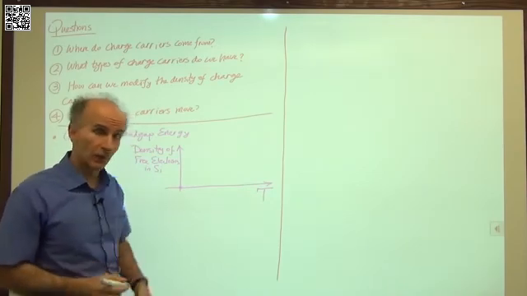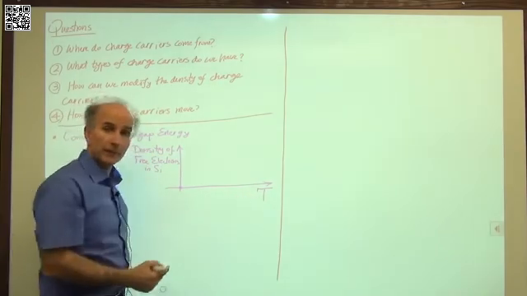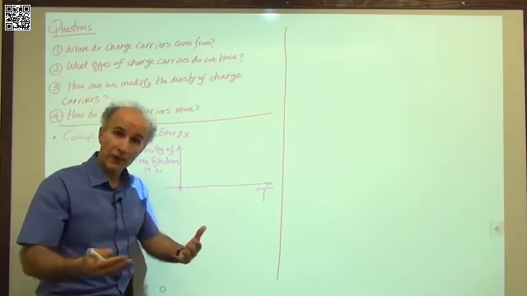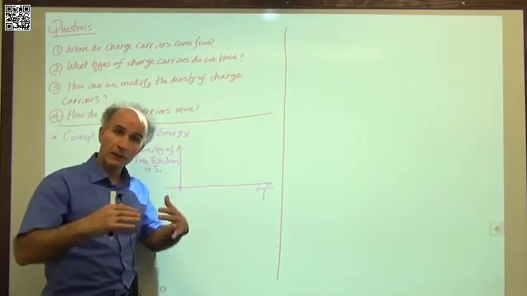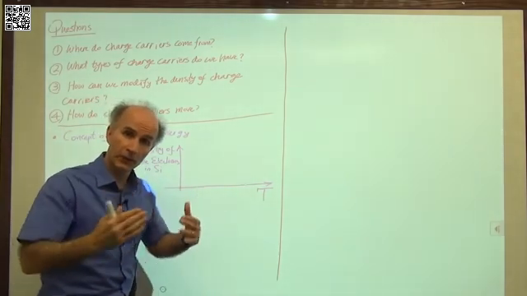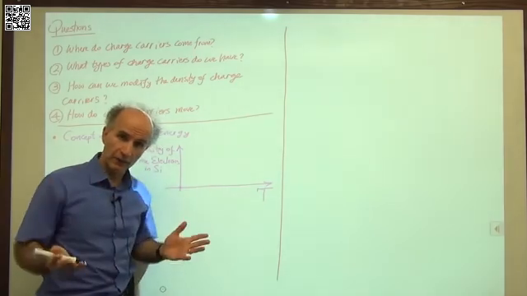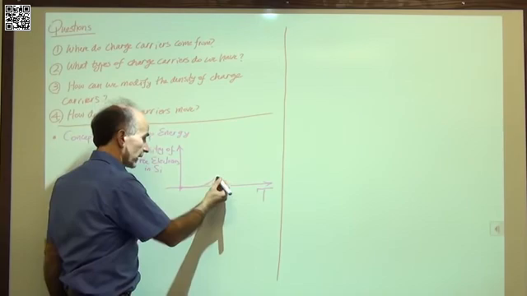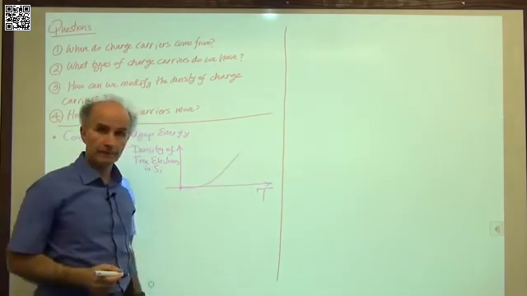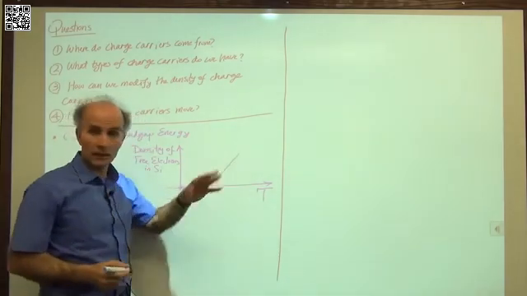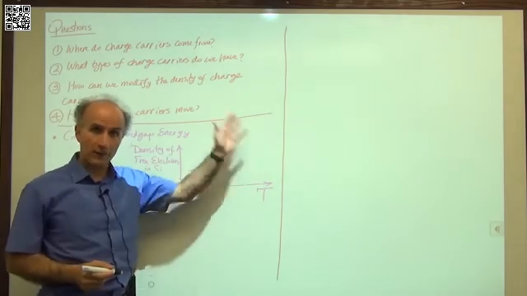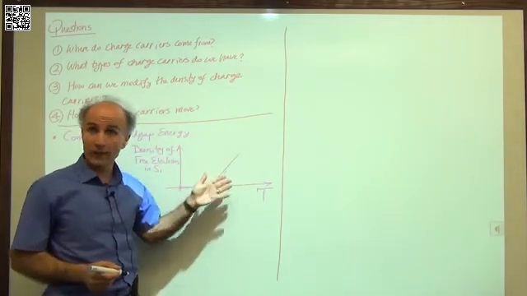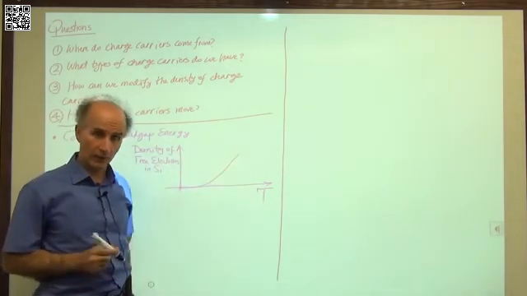And generally what we know is that as the temperature goes up, more electrons have a chance to break free because of the higher available thermal energy in the ambient. So we have to have some behavior like this. Now, whether it's linear, nonlinear, we don't know at this point, but we know that it has to increase with temperature.